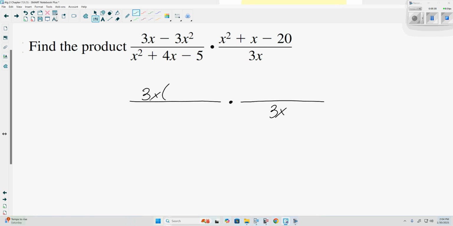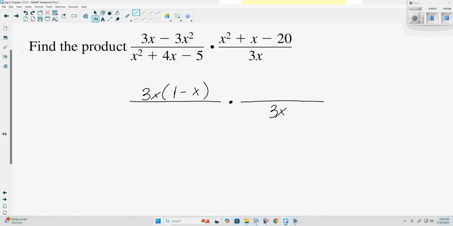Now if we factor 3x out of 3x, we get 1. Minus, we factor the 3x out of 3x squared, we get x, leaving us with 1 minus x. There's a good chance we're probably going to need to pull a negative out to make that x positive, but we can leave it as this here for now.